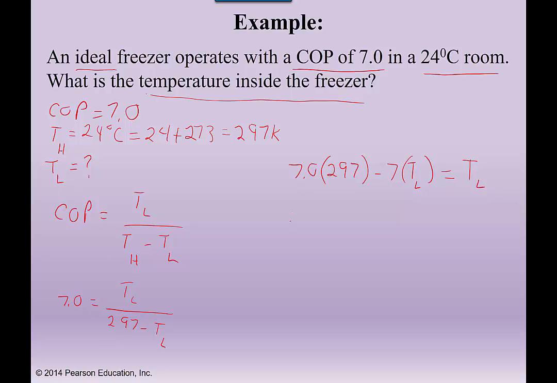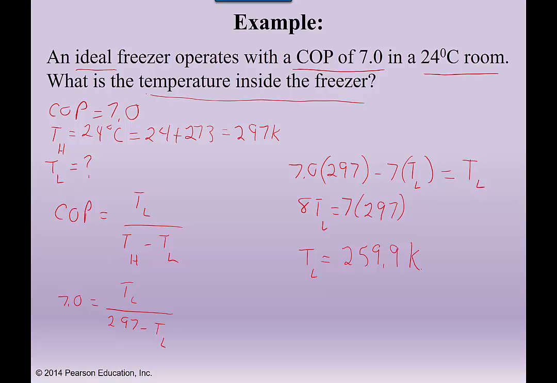So 8 TL is equal to 7 times 297. And yeah, I dropped the 0 for the moment, but it'll come back in my final answer. So TL turns out to be 259.9 Kelvin, which is great.